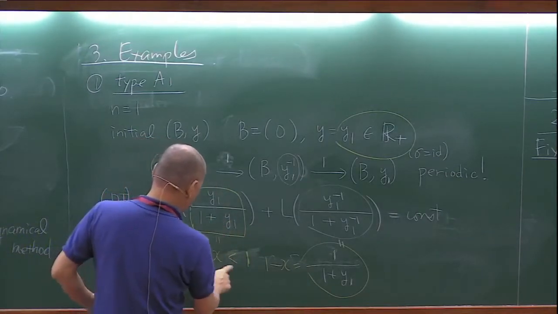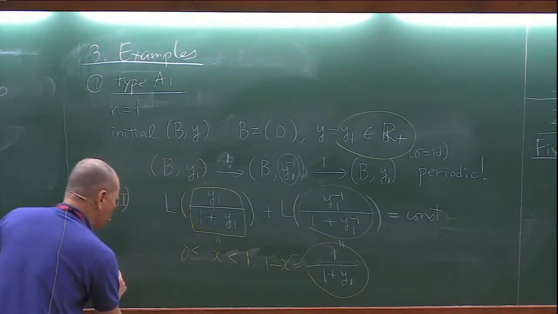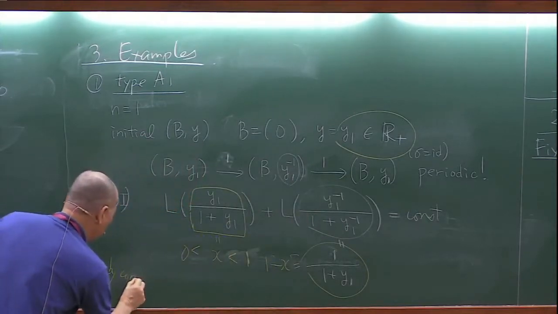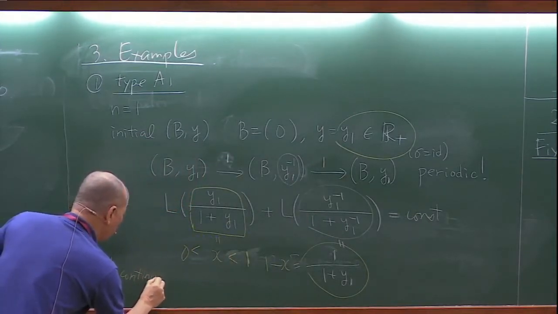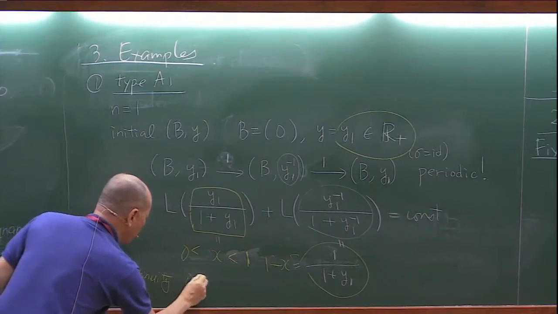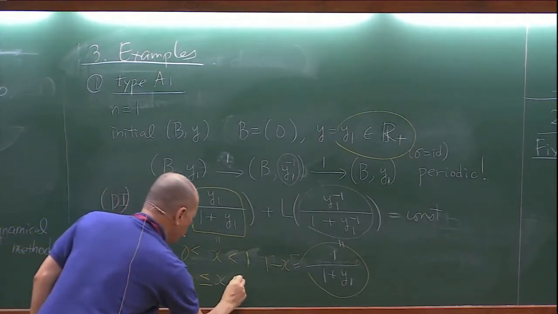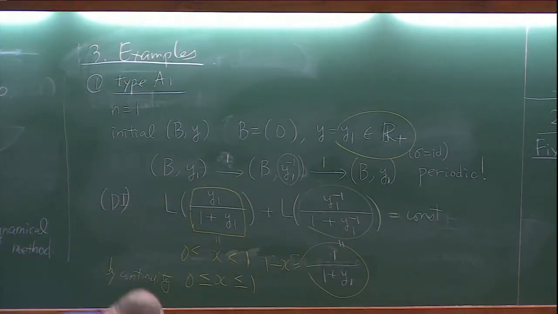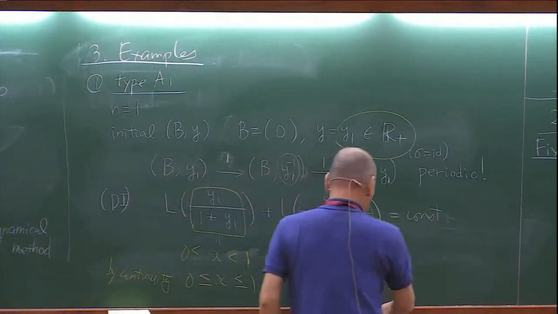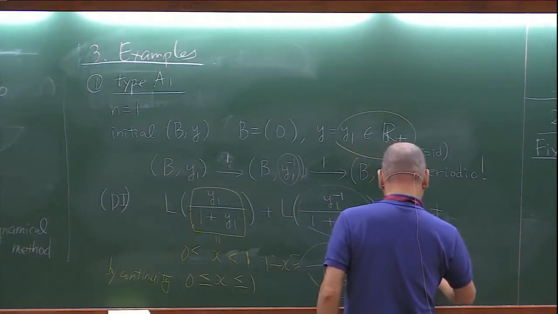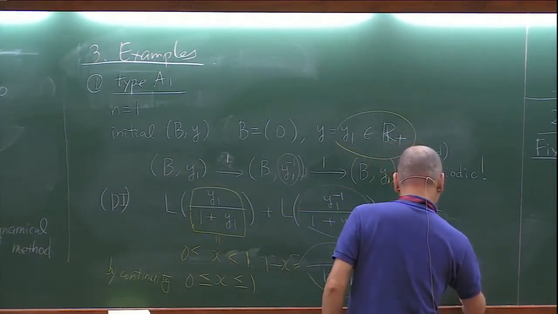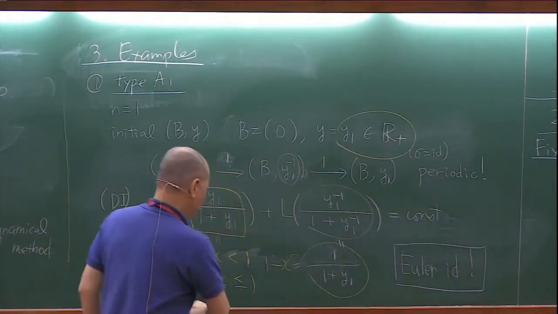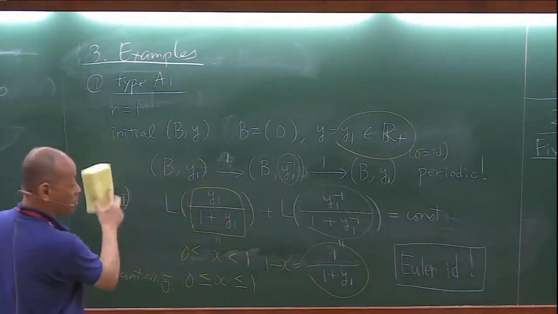Of course these endpoints are not taken, but once you have this functional equation, by continuity you can actually include the boundary. So this is exactly the Euler identity. That's why this Euler identity is associated to type A1 periodicity.